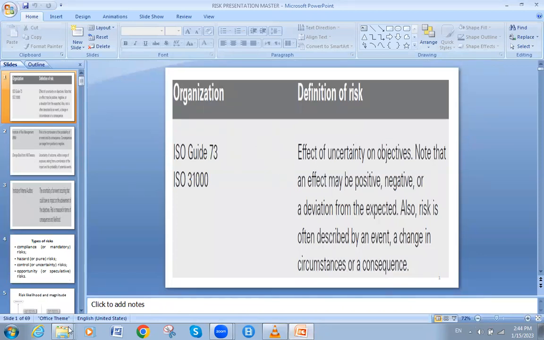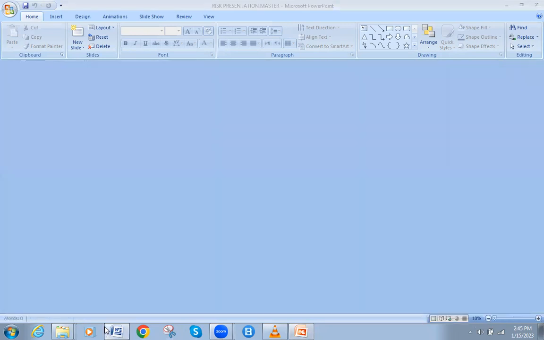Also, the risk is the difference between the planned and the actual results.